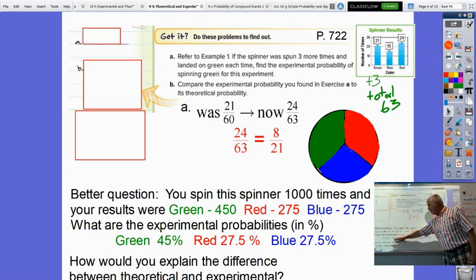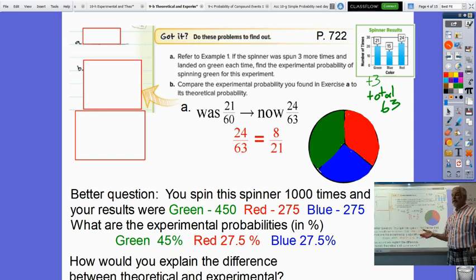So if you did it 1,000 times and you got these experimental results, what would a possible explanation be? Why would it come up so many more times on green than on red and blue? Well, it could be that there was some problem with the spinner. Maybe there was some friction that made it stop on green more often.